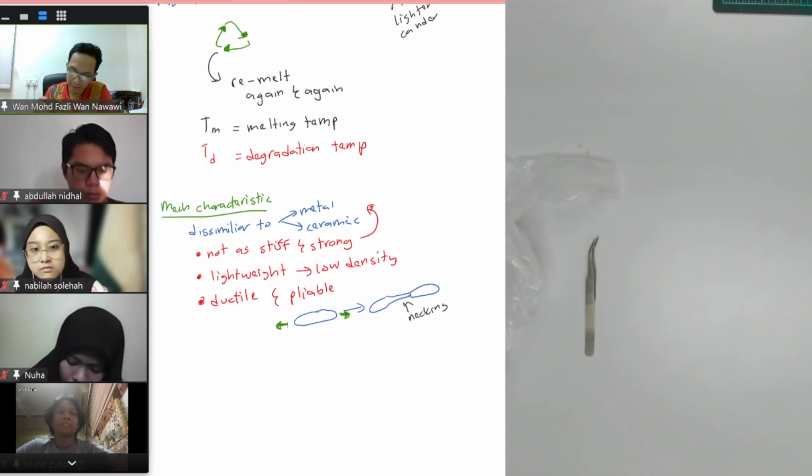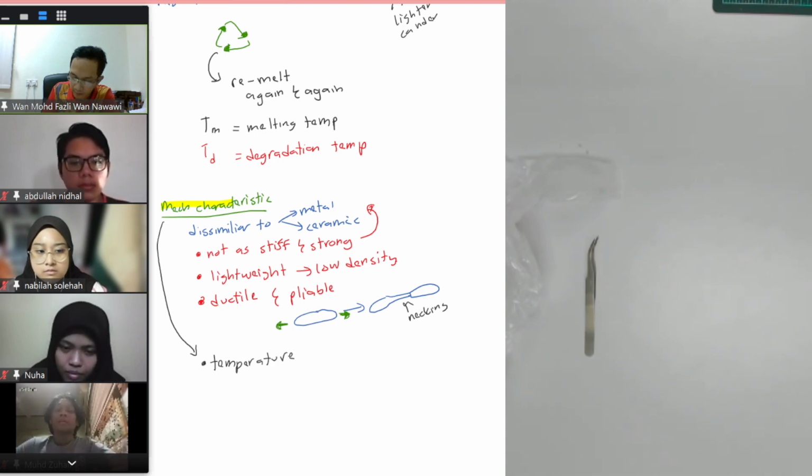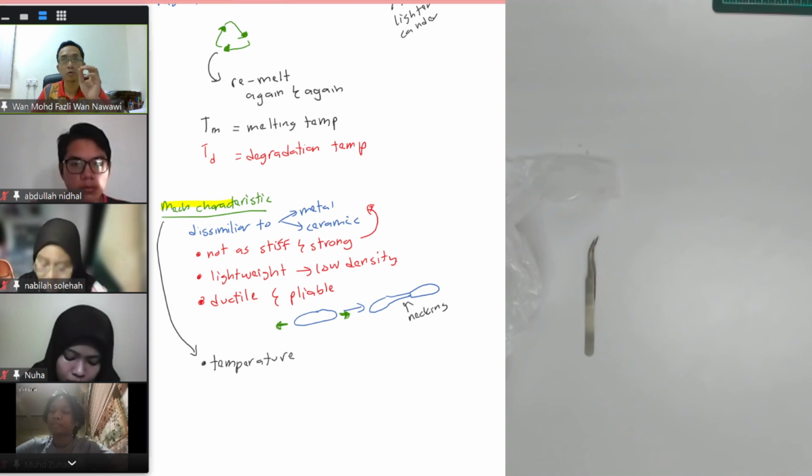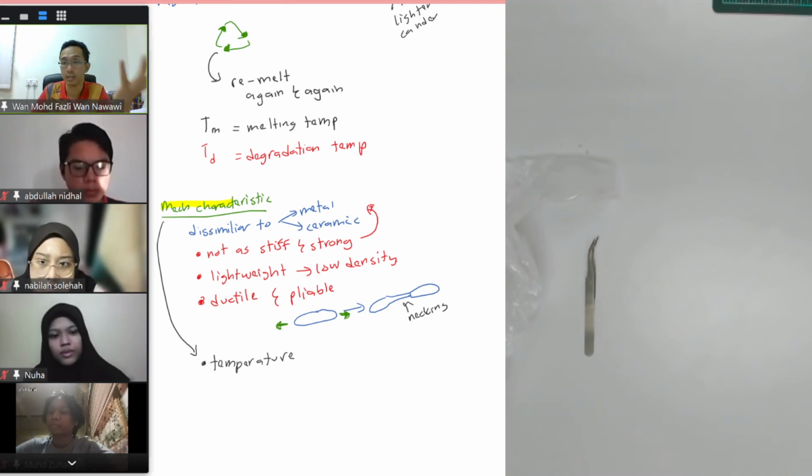When we talk about the mechanical characteristics of plastic, it is important to take temperature into account, because for metal or ceramic in everyday use, you don't use temperatures around 2000 or 3000 Celsius.